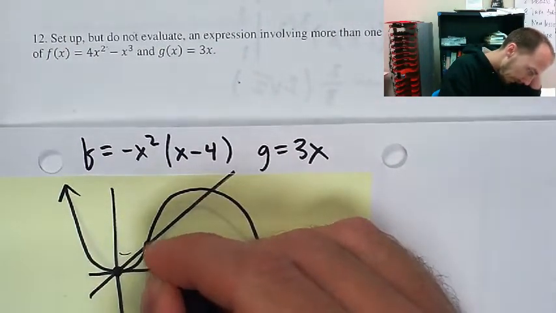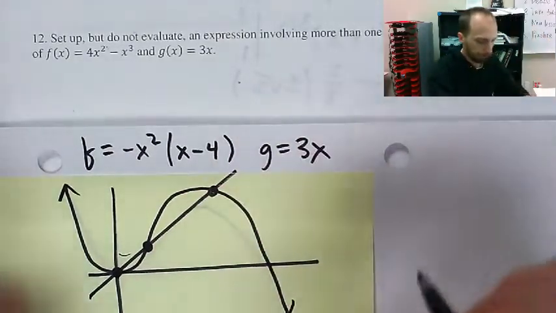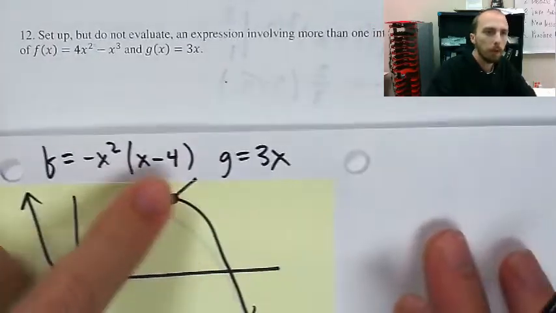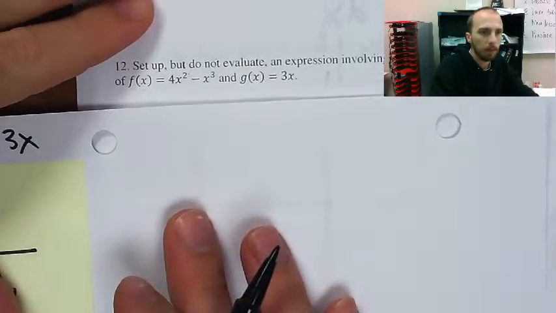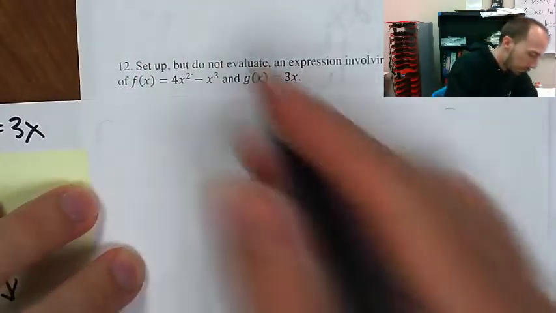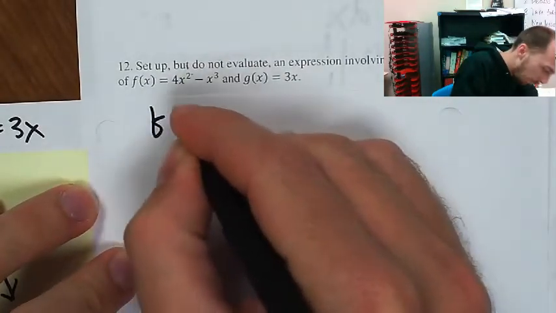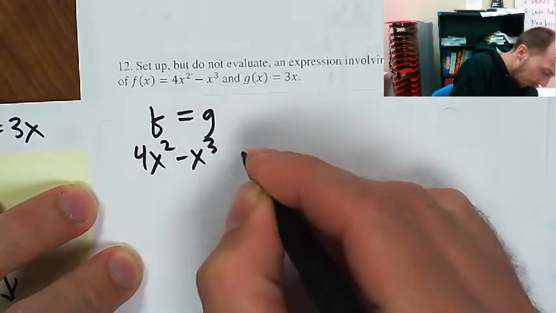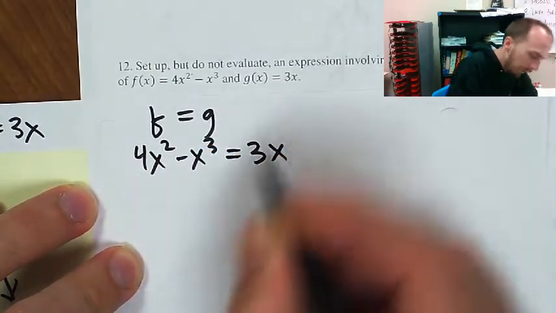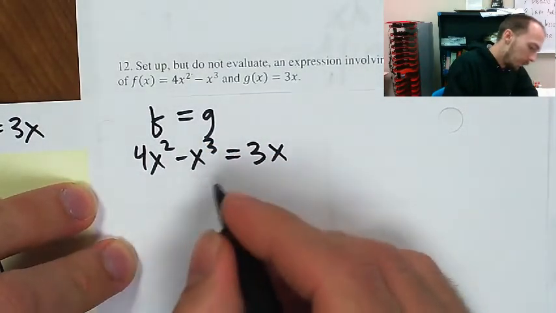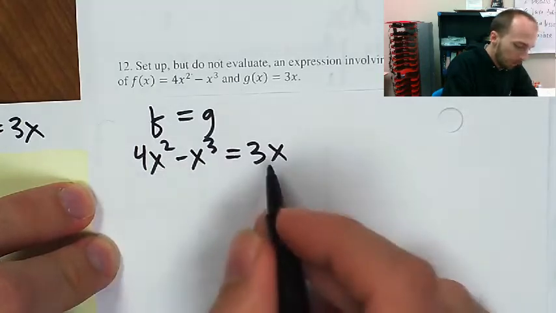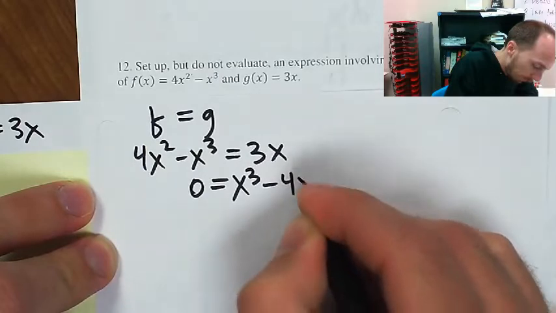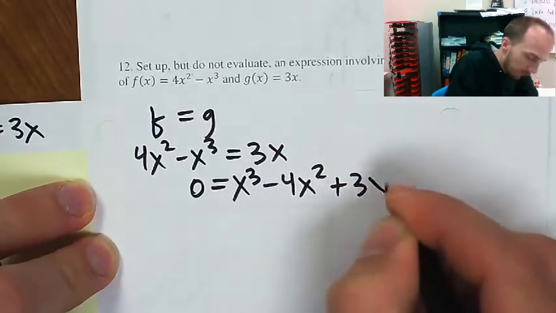I need to find the x coordinates here and there. We can do that by setting the two things equal to each other. So I'm going to go off to the side. Maybe I'll come back to that sketch in a minute. So f equals g, finding the x coordinate. That's 4x squared minus x to the 3 equals 3x. I'll set this whole thing equal to 0 by subtracting: 0 equals x to the 3 minus 4x squared plus 3x.